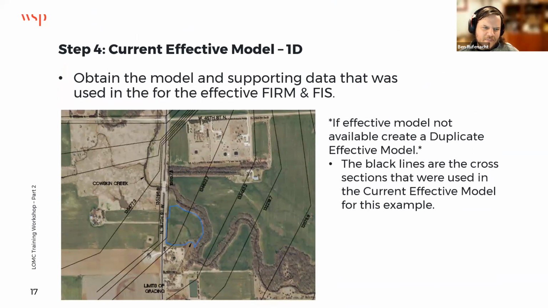With duplicate effective, you're trying to build a model just like they did to build that FIRM and try to get the same results, which of course, getting the same results on a paper map is tricky in itself. So because they're using outdated topography, you're even going to do a corrected effective model. So you're saying this is going to be a little bit different than the original because the topography has changed, the hydrology has changed, things have changed.